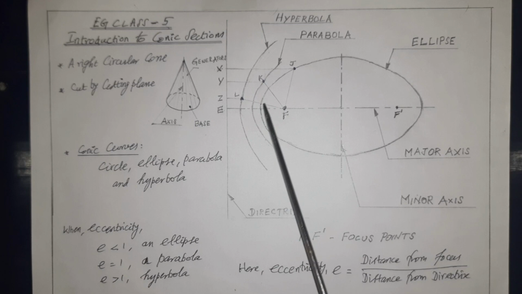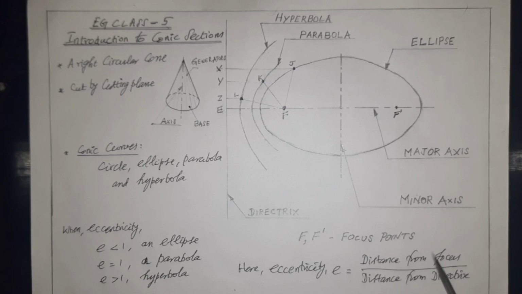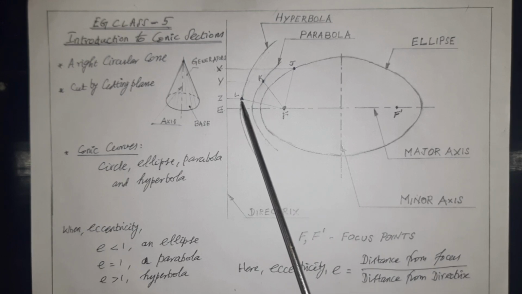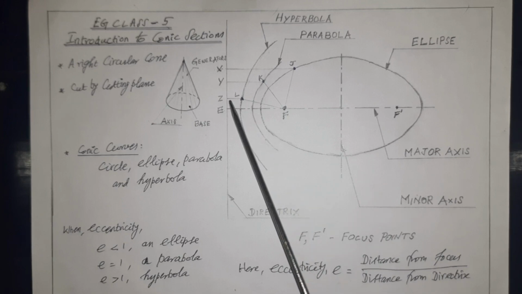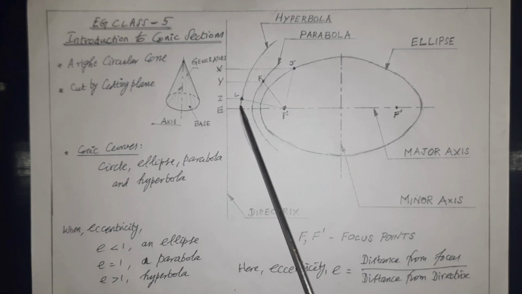Now, looking into the term E once again, to understand distance from focus, we have seen F is the focus. So, distance from focus divided by distance from directrix. To understand, see one by one. First, you take this point L. That is the distance from the focus. Actually, it is to be measured, but approximately, just by appearance, we understand.